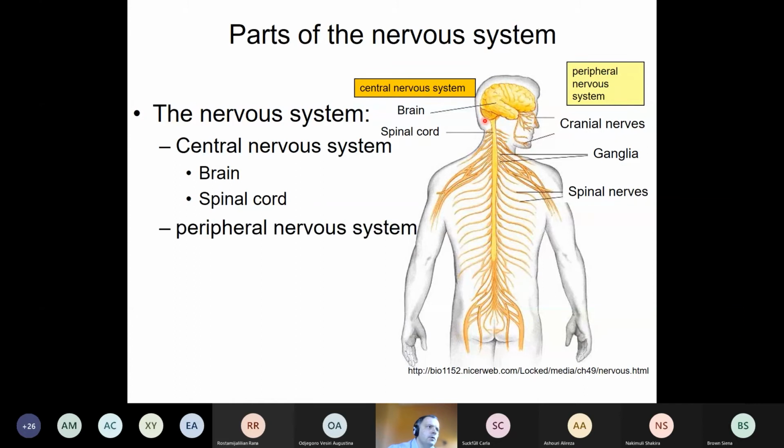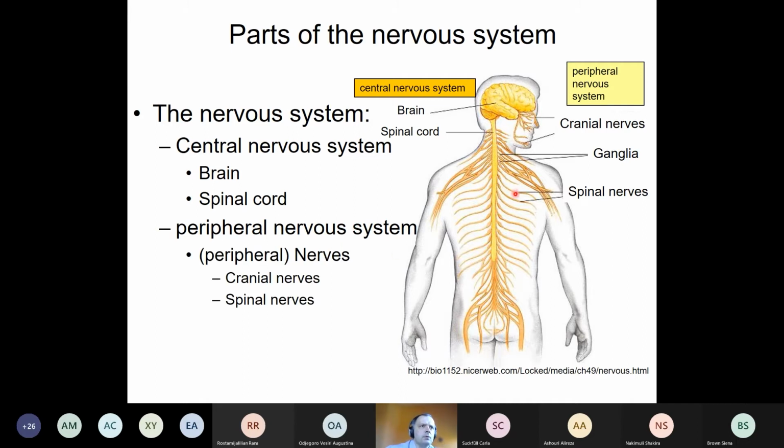What I would like to talk about is more the peripheral nervous system, because if you study histology, basically, if you get a slide from almost any of the tissues of the human body, you will eventually find parts of the peripheral nervous system in the slide. Therefore, we have to introduce the peripheral nervous system, which is made up by the nerves.